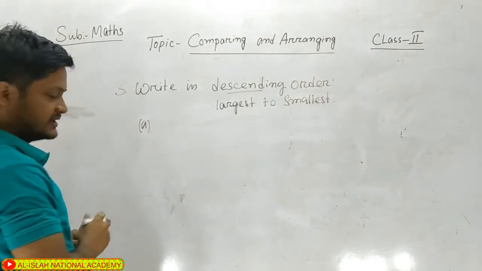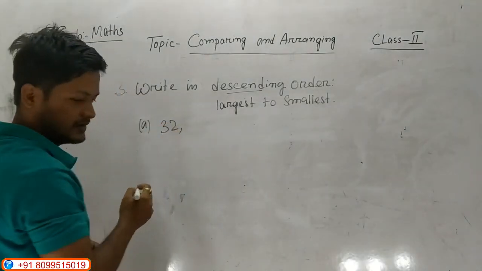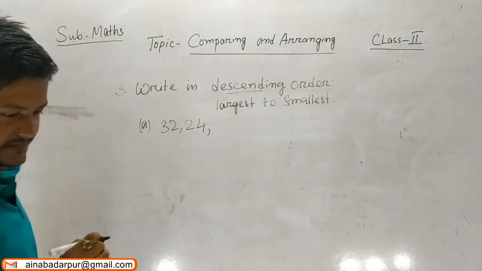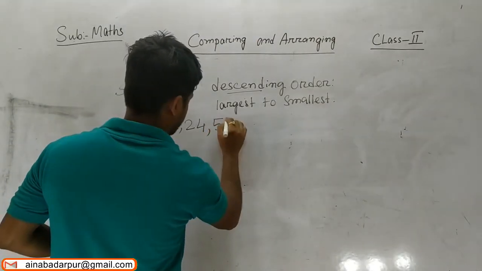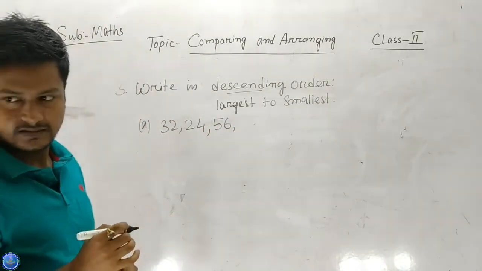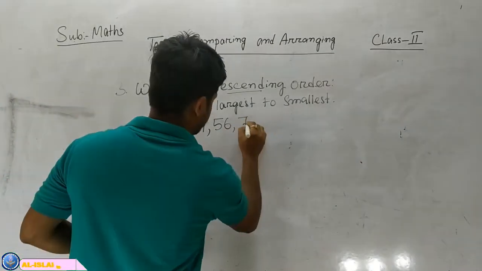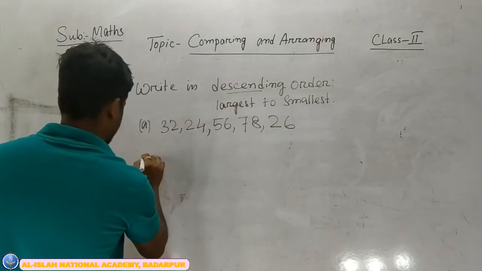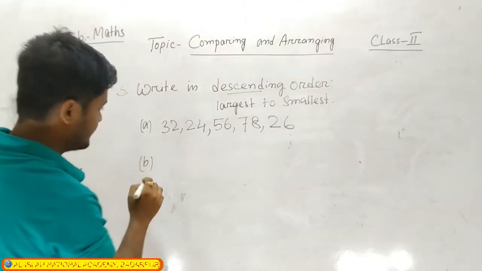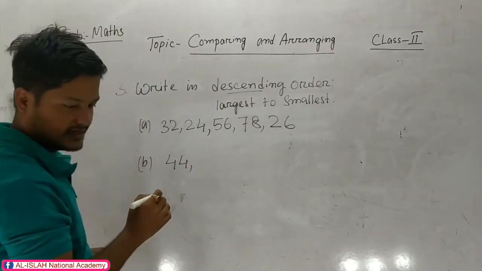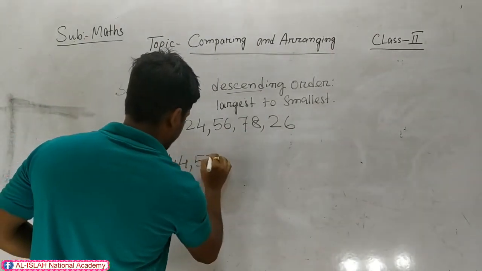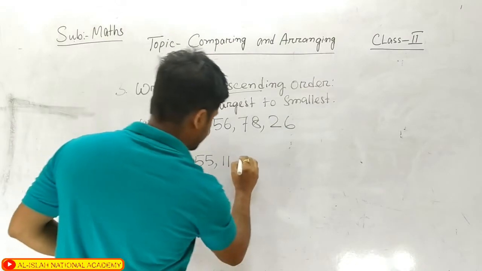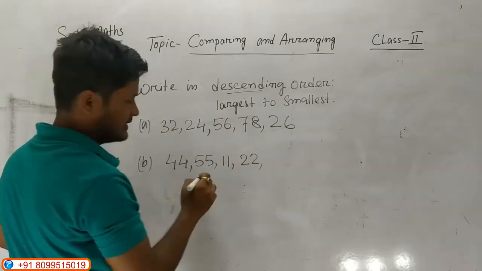Let's take one example: 32, 24, 56, 78 and 26. Next question: 44, 55, 11, 22, 99.